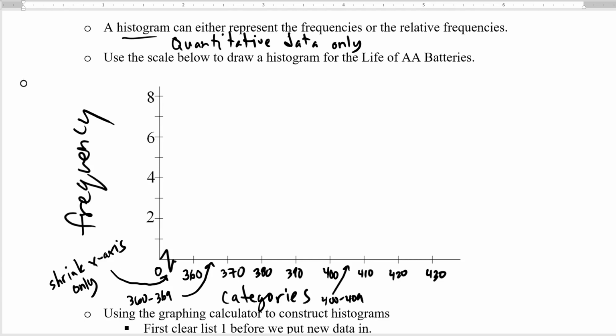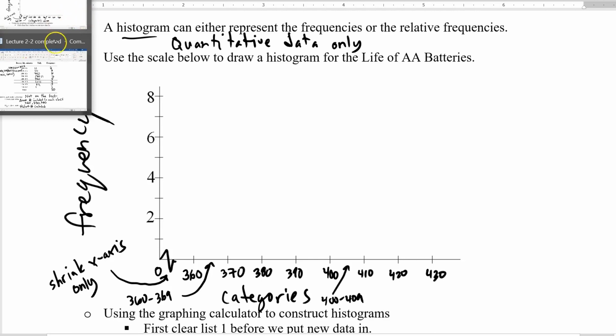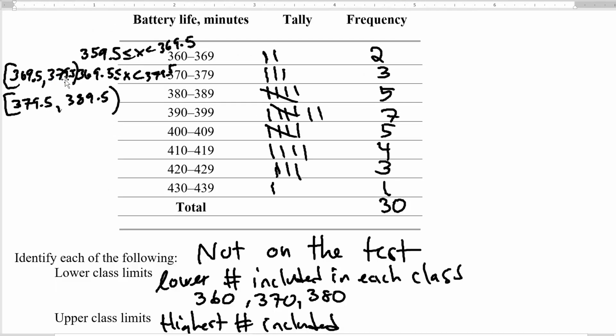What goes on the y-axis, we said, was the frequency. So I have my list of data, and I could do all those over again, but I don't want to. What I'd like to do is just look at what our frequency was. From 360 to 369 was 2, this one was 3, this one's 5.